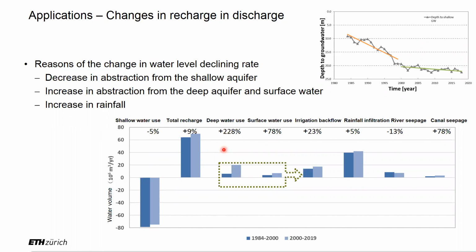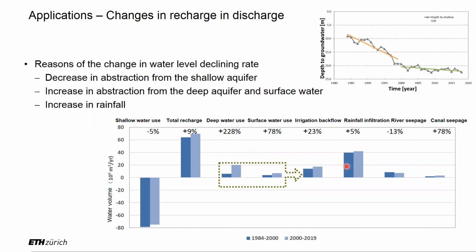The other possibility is that in history, before 2000, diesel pumps were still used before the 1990s, so the estimation of abstraction can be underestimated for the years before the 1990s, and that underestimation is mostly contributed by the deep water use.